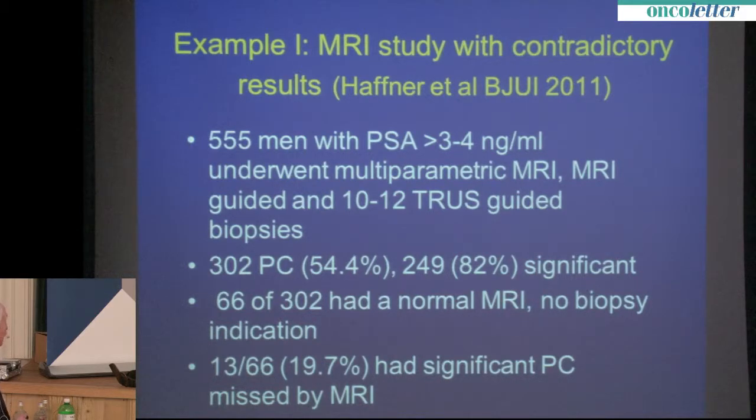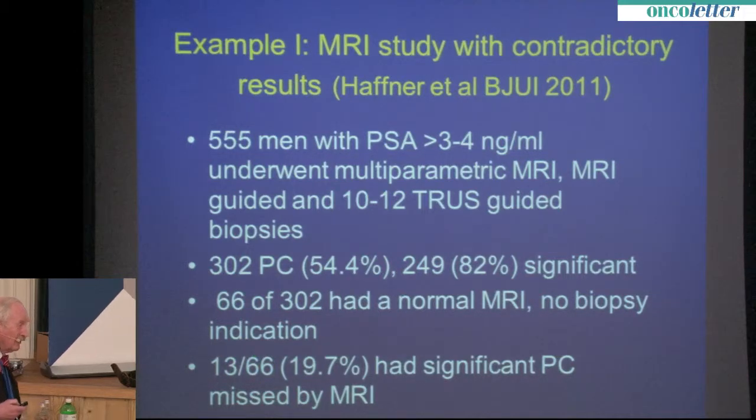They found 302 prostate cancers, 54%, so it was a clinical material, and 82% had significant disease. 66 of the 302 had a normal MRI and no biopsy indication. However, the TRUS-guided biopsy found aggressive cancer in 19.7% or 13 of these 66 cases.